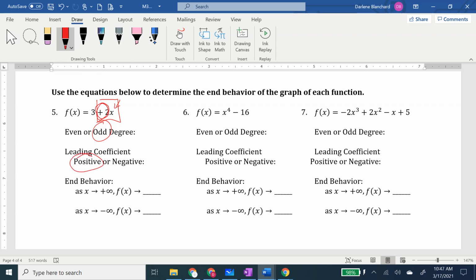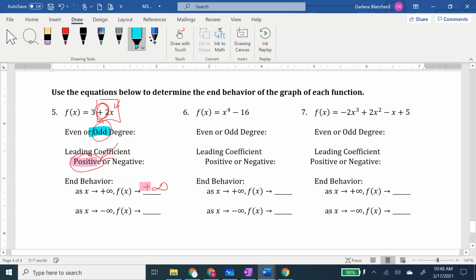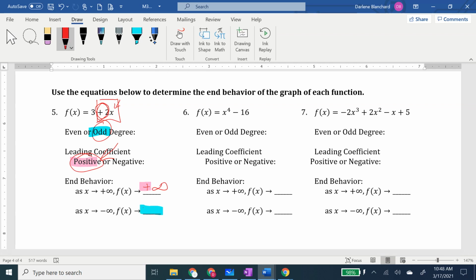So I have a positive leading coefficient. What does that mean you are able to say about the end behavior if you were to look at the graph? The leading coefficient being positive tells me my right end is positive infinity. So know that this matches that. Then the fact that this is odd degree says I'm going to do an opposite sign for the other end.